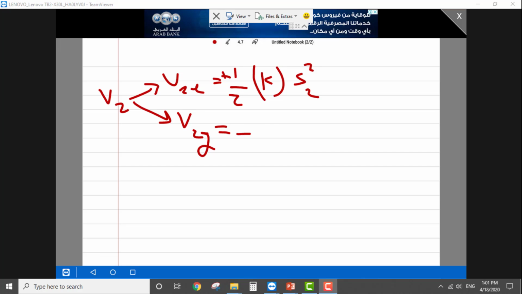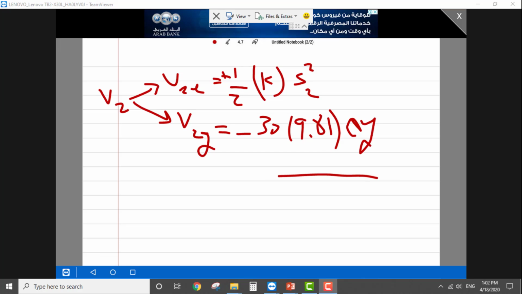So the weight is 30 multiplied by the acceleration of gravity, multiplied by the vertical distance, delta y, from the reference.